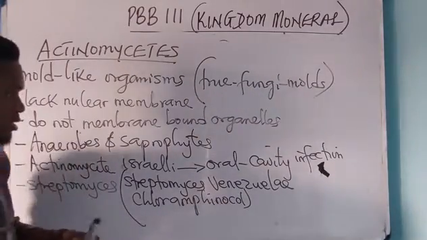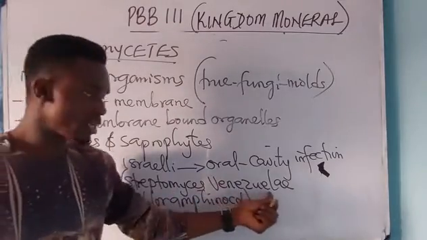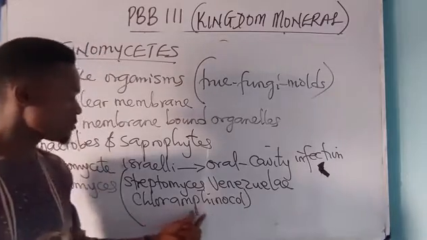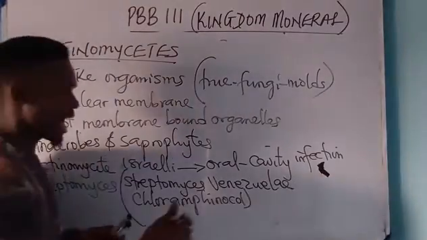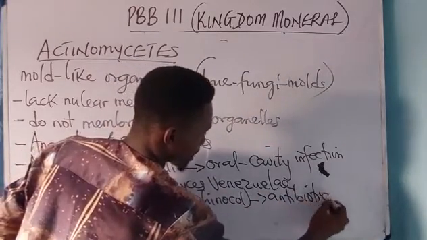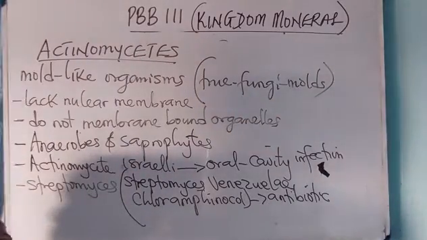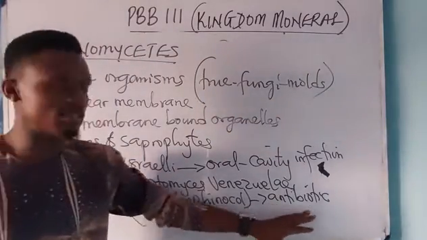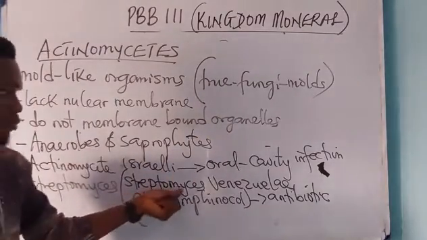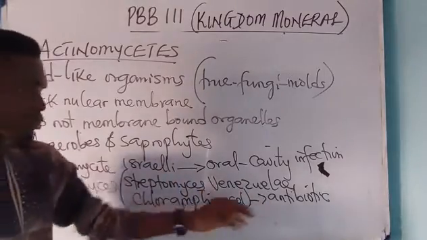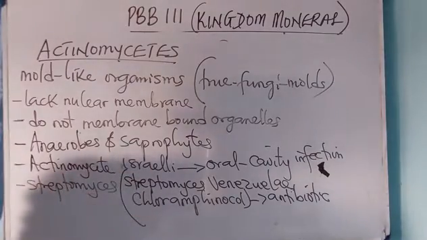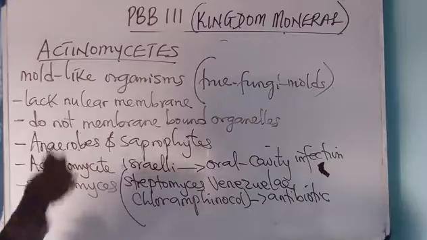This Streptomyces venezuelae produces what? Chloramphenicol. Now, this chloramphenicol is an antibiotic that fights against intestinal infection. It fights against what? Intestinal infection. It is an antibiotic produced by the Streptomyces venezuelae. Please, the function of this chloramphenicol is to fight against what? Intestinal infection.